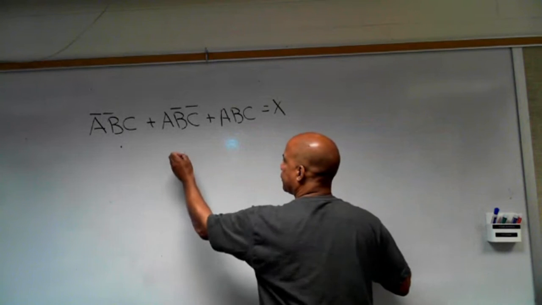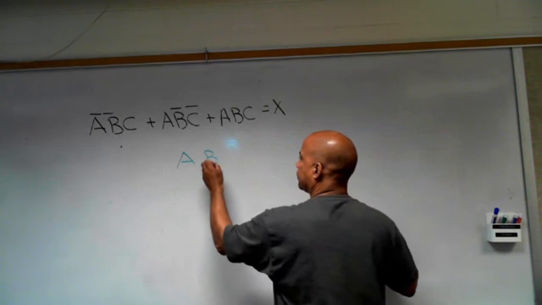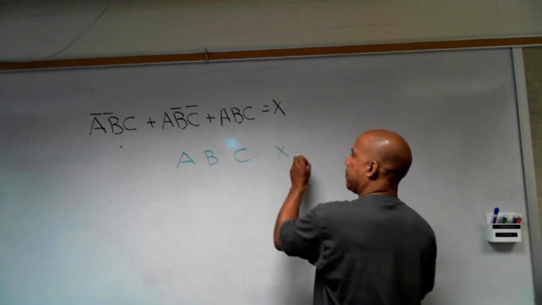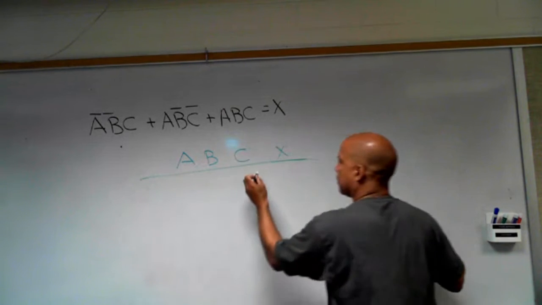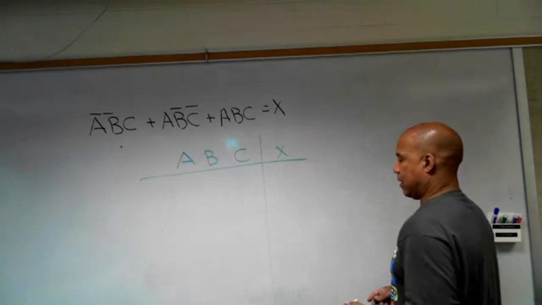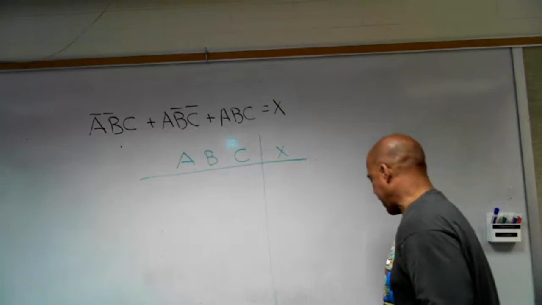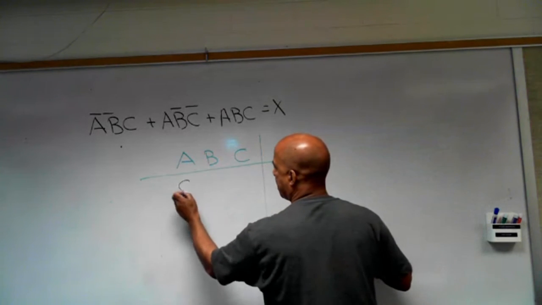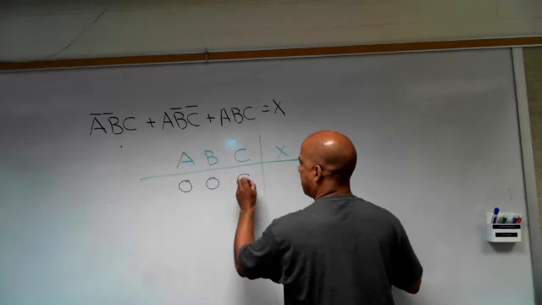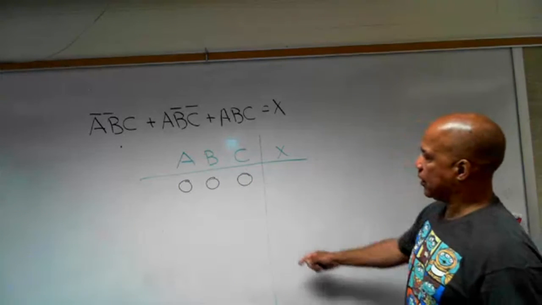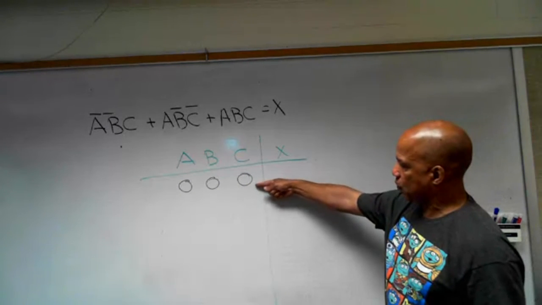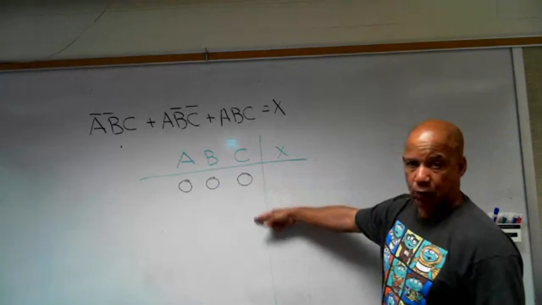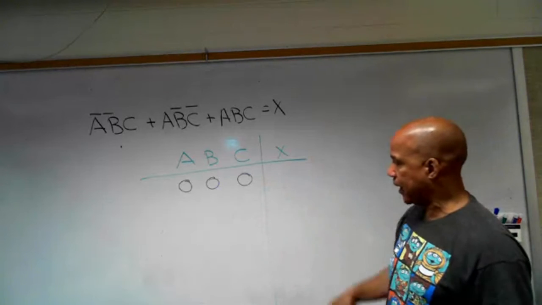You list your inputs and your output. You're going to count here. We want to count in binary. So make all your inputs on the very first row 0, and then for the one closest to the output, you alternate every bit. We have to do it 8 times.